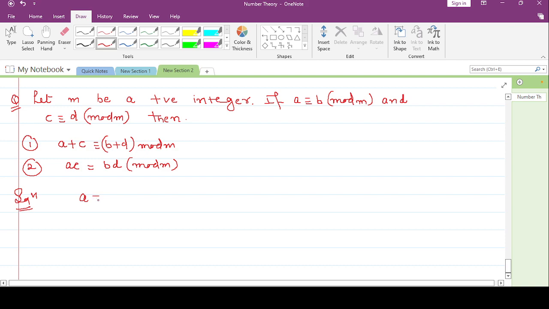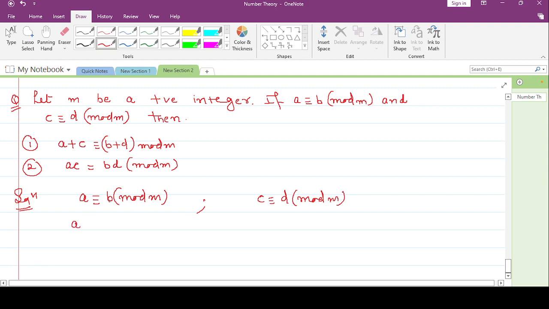You are given that a is congruent to b modulo m, and you are also given that c is congruent to d modulo m. Okay, so use the previous theorem. What is the previous theorem?